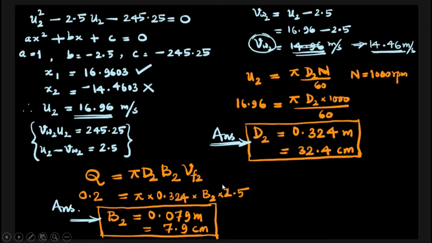So we can find the breadth of the impeller at outlet. 0.2 is equal to pi into 0.324 into B2, that is unknown, into Vf2, which is 2.5 meter per second. Once you substitute this, you get the breadth or width of the impeller at outlet B2, that is 0.079 meters, so 7.9 centimeters.